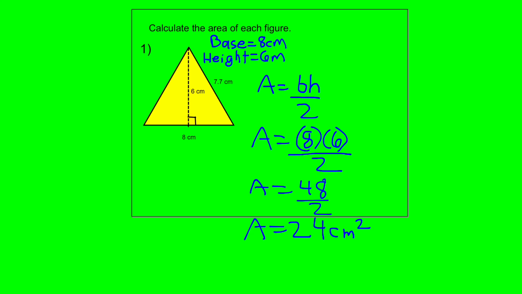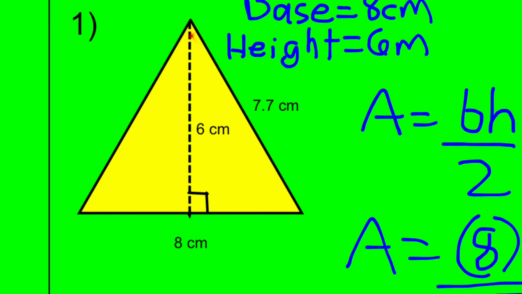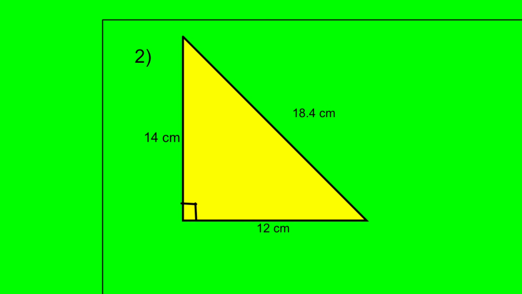Now, what we want to get is the area of this thing. Now, in the last one, we had this imaginary dotted line measuring the height of the triangle. We don't need that in this one because this leg right here on the triangle, since it's a straight up and down line, and we know it's straight up and down because it comes at the bottom of this triangle at a 90-degree angle, we know this is the height.